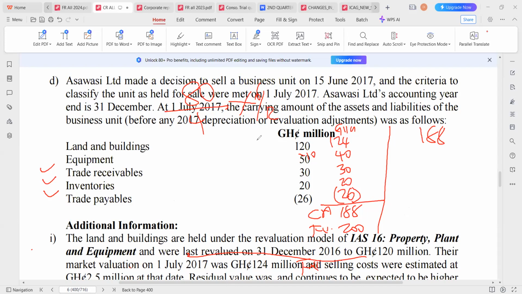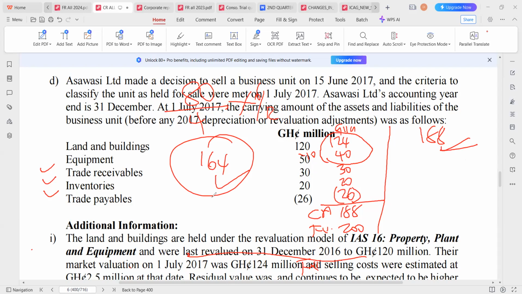Which ones do qualify? Only the land and building, and equipment. So you add them together, what do you get? 164. So the marking scheme should capture 164 and 188.